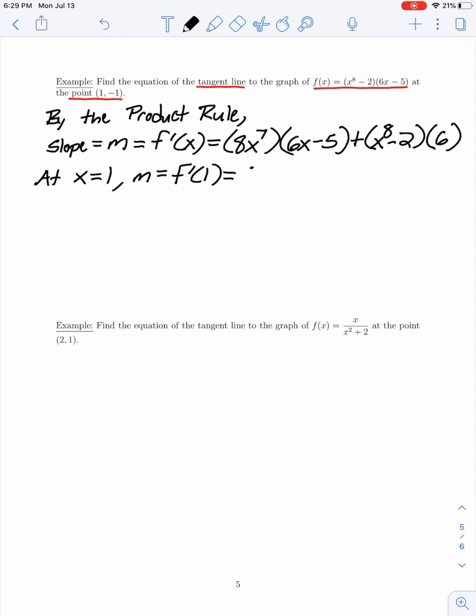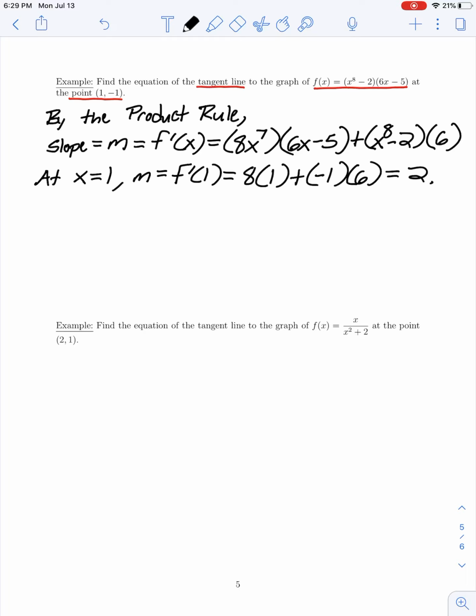We have 8 times 6 minus 5 is 1, plus 1 minus 2 would be negative 1, times 6. And so we see we have 8 minus 6, or 2, for the slope of the tangent line to this curve at the indicated point, which has an x-coordinate of 1.